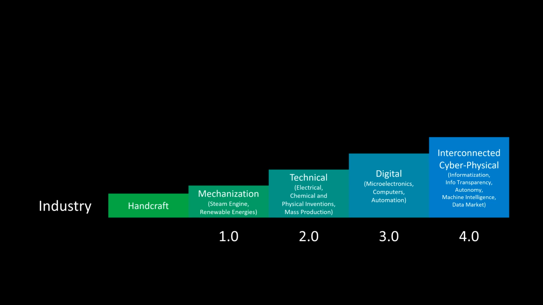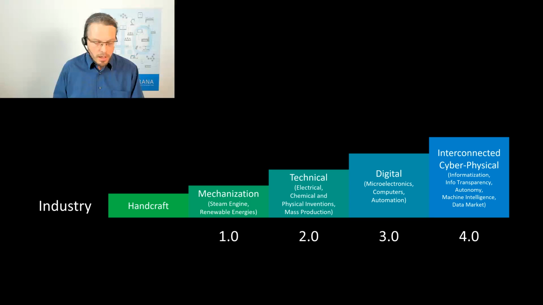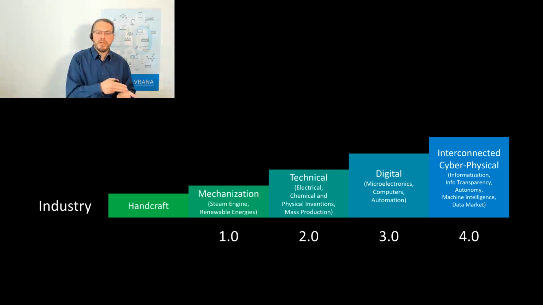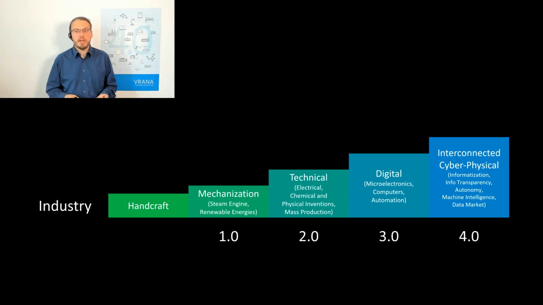So, if we think about all we heard up to the moment, where we came from handcraft, we went to simple mechanization, to somehow a technical revolution, a digital revolution, and finally we're getting into an interconnected cyber-physical world.